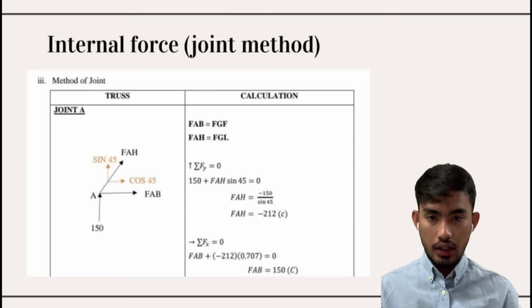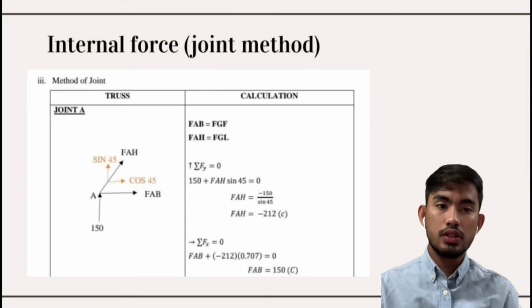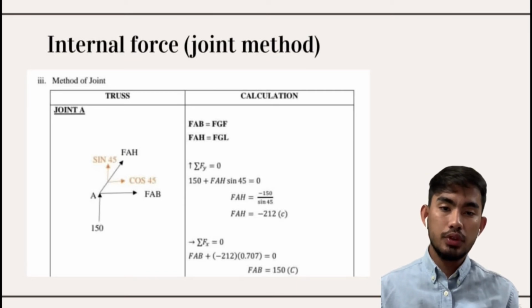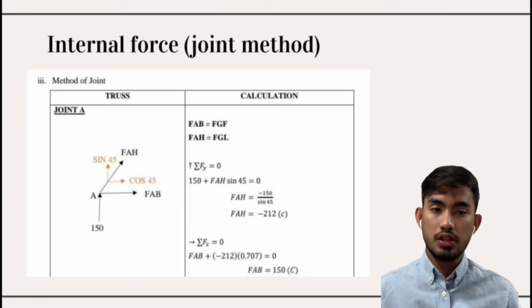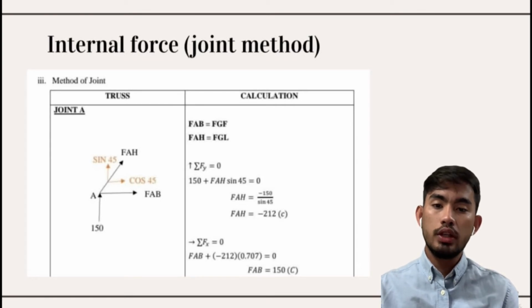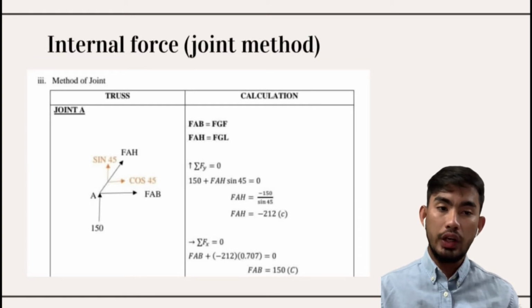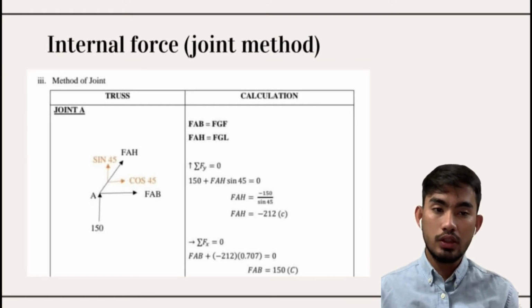For this project, our group decided to use the joint method to calculate the internal forces. As we can see here, I put one example of how to use the joint method. First, we pick one joint and then we calculate the members which are connected to the joint. Here, the members connected to joint A are member FAH and member FAB.